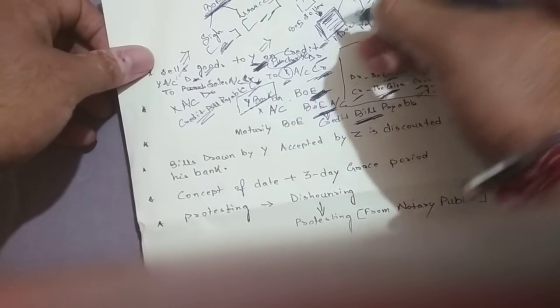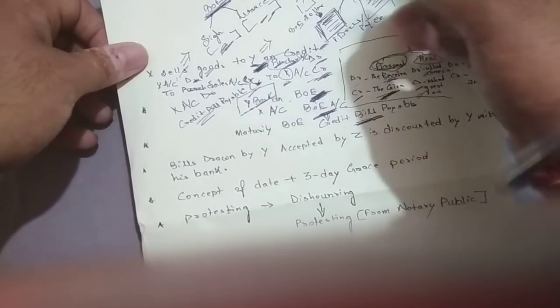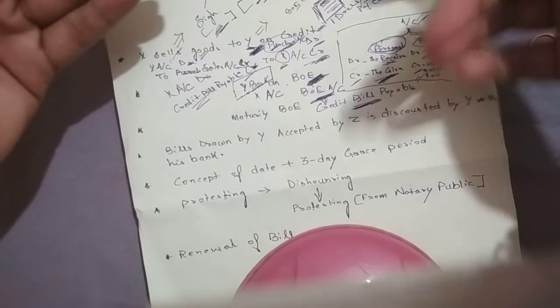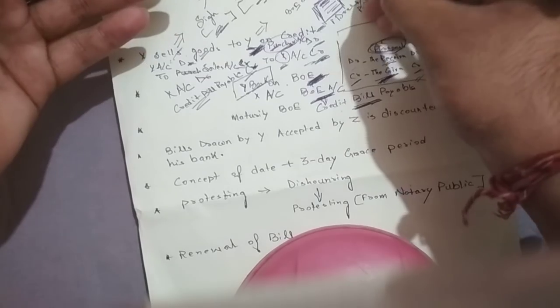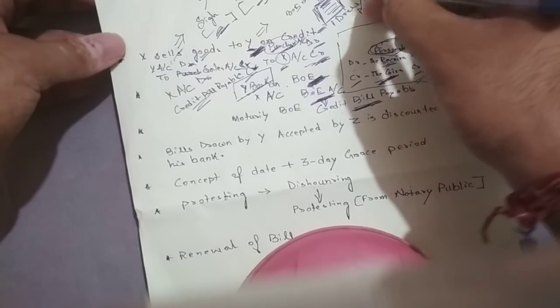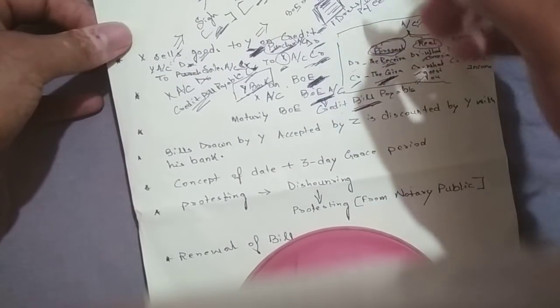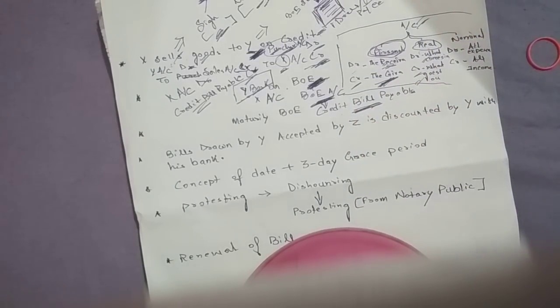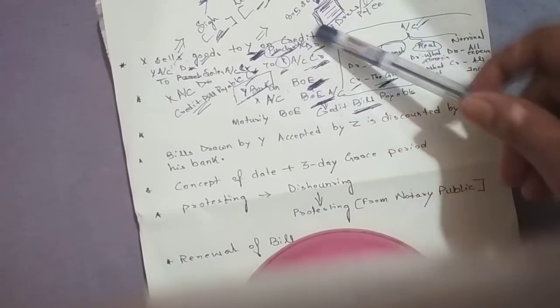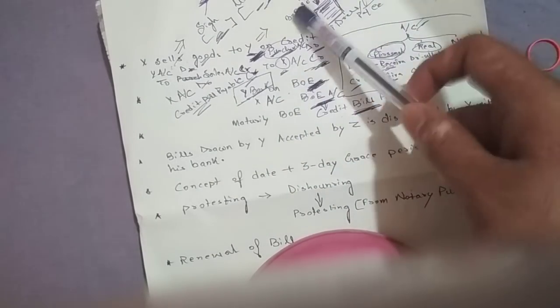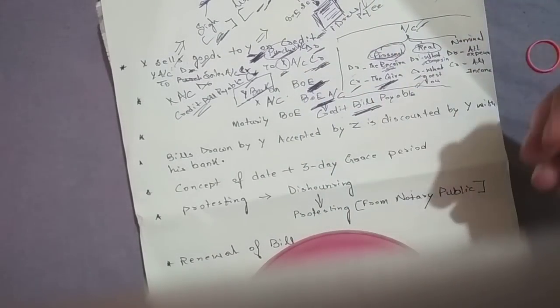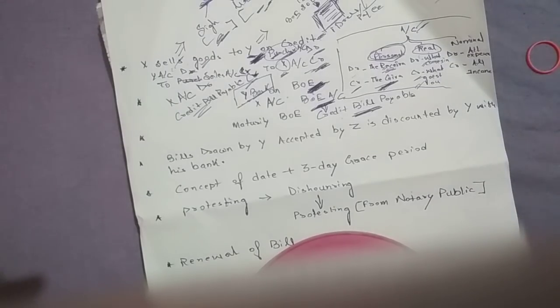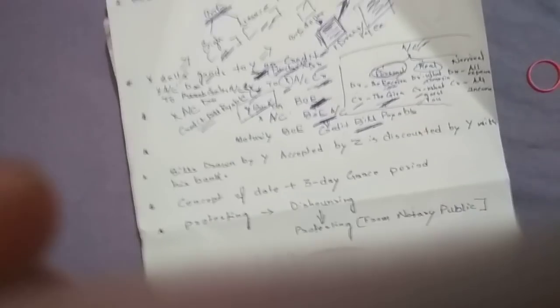When the buyer accepts this bill, the transaction can be enforced in any court. In simple words, the transaction is valid only when the buyer accepts this bill of exchange. So who is liable when a bill of exchange is made? Before acceptance, the seller himself is liable, and after acceptance, the buyer is liable. This is the thing.